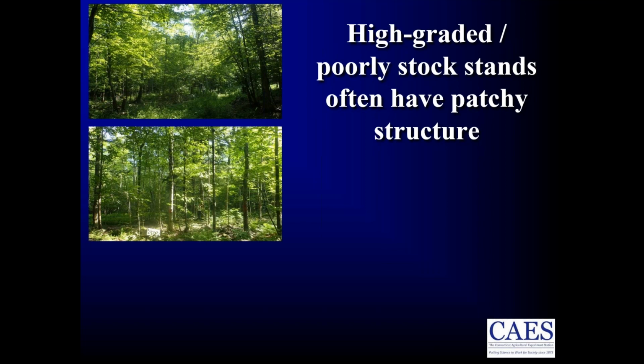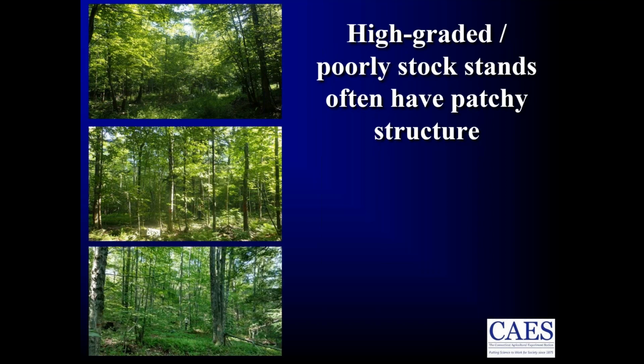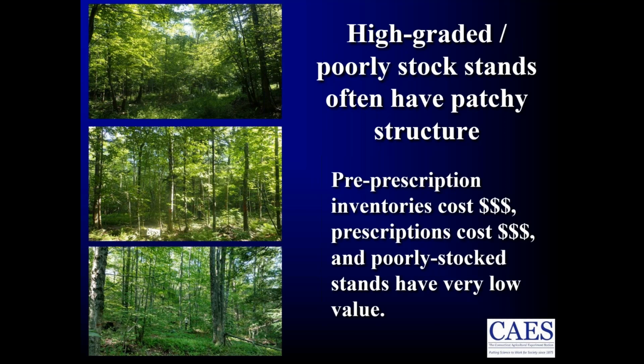Some of them are just so ugly you want to cut them down right now. And some areas might have sawtimber that was left because maybe the market wasn't there, or maybe it's junky sawtimber with a lot of cull. So you're looking at very different stand structures. And I don't know whether you want to apply one treatment to the entire stand.